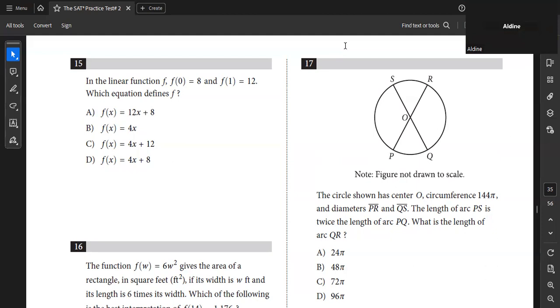Sir B. Okay, we have two B's. To be or not to be. Two B's, guys. Any other person?